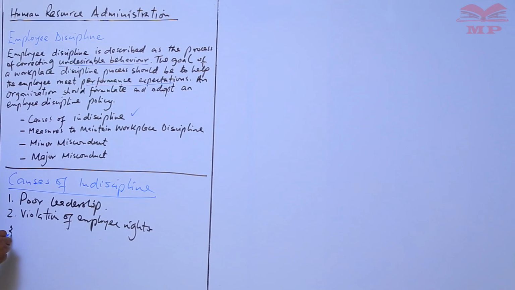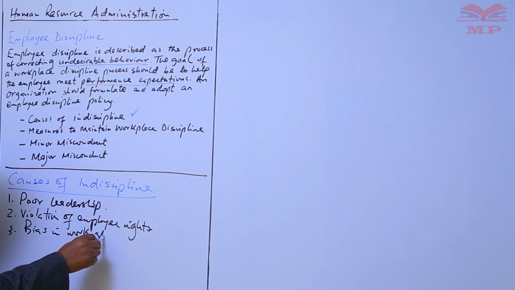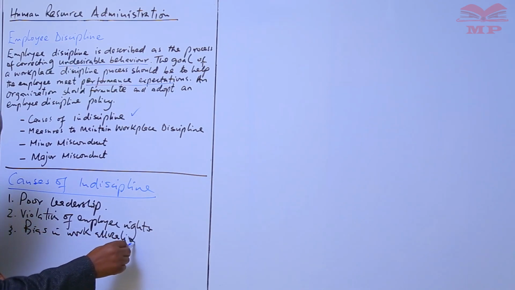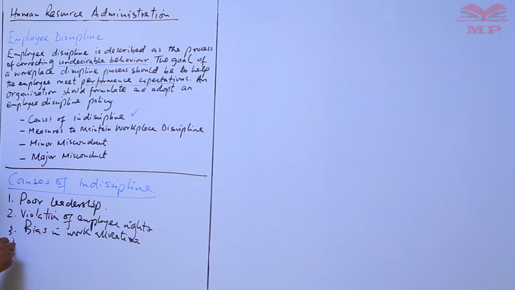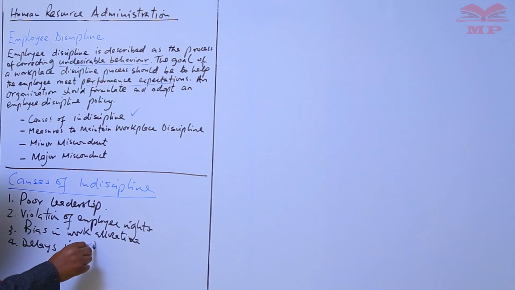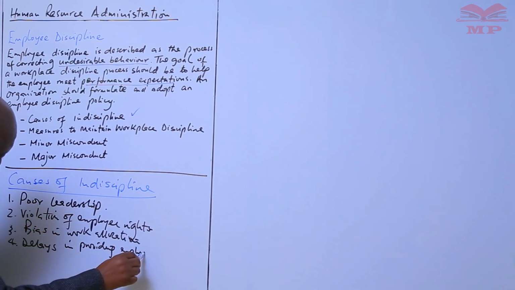Then number 3, bias in work allocation. Number 4, delays in providing employee pay.